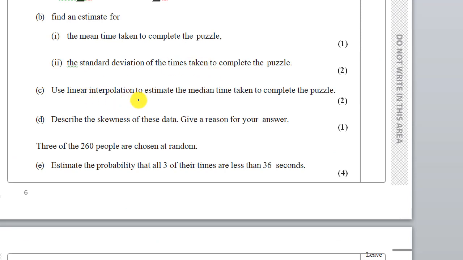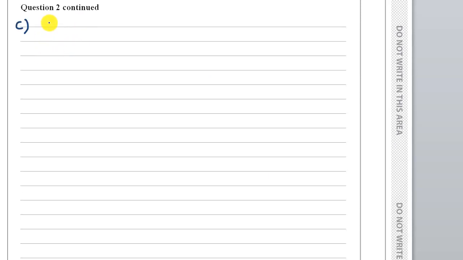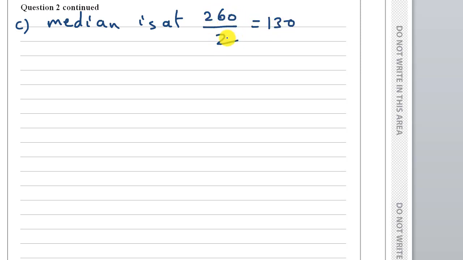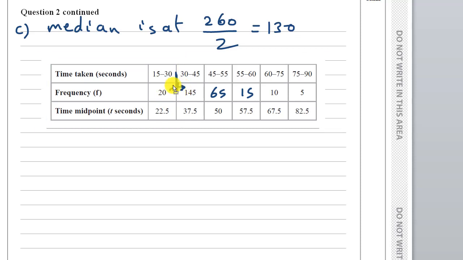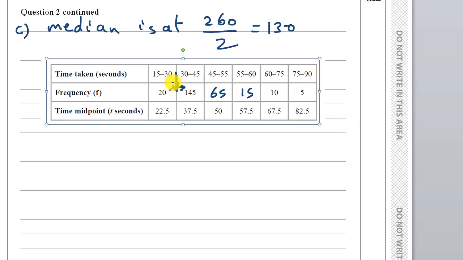Now use linear interpolation to estimate the median time taken to complete the puzzle. Median is at 260 divided by 2, so at 130. Here 15, so 130, here 120, here total 165, so the 130 will be here. Now let us draw the triangle.